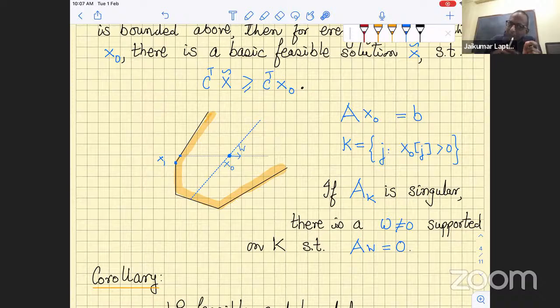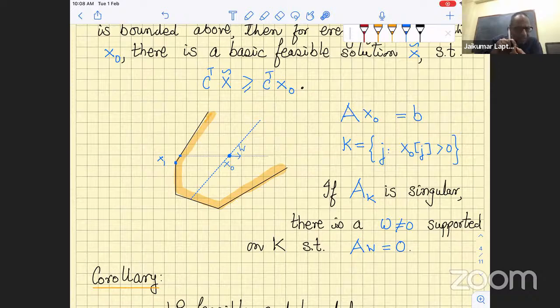And what is better about this solution compared to the previous one? One more variable has been set to 0. So x0 had a certain number of variables which were 0, and now by moving in the direction W, we will have reached a point where one more variable has been set to 0. We call this solution x1, a new feasible solution, and ask whether it is basic feasible by using the same process.